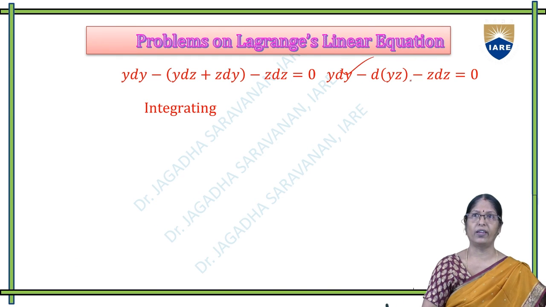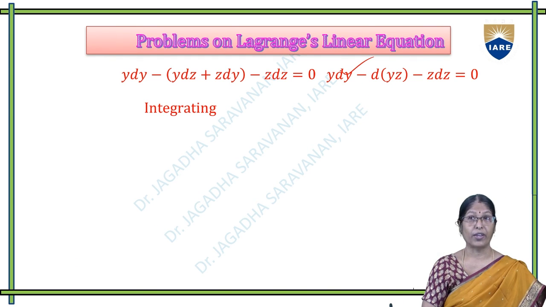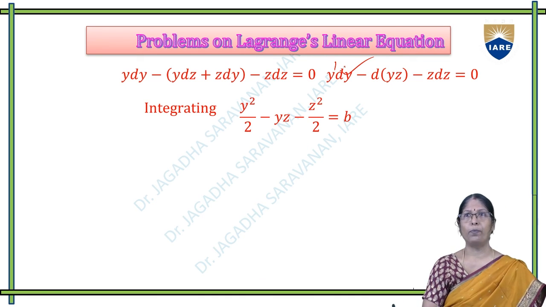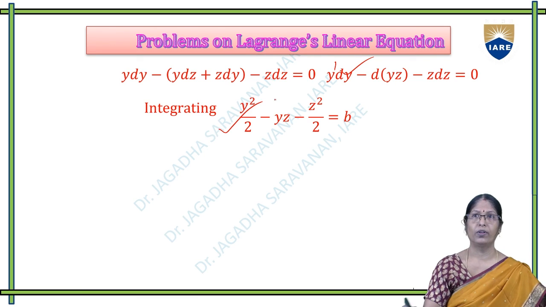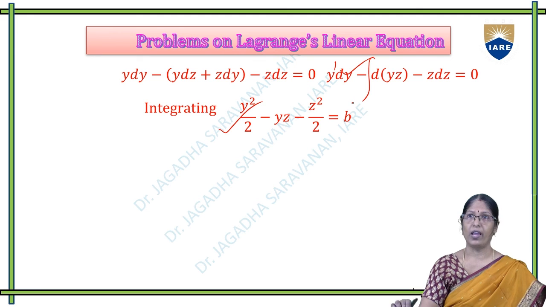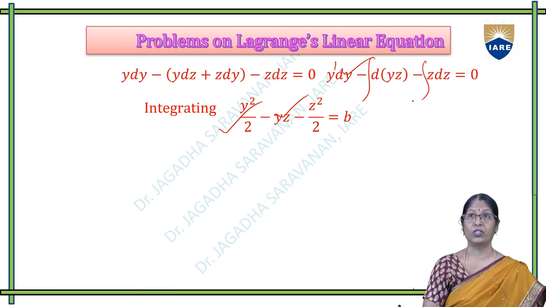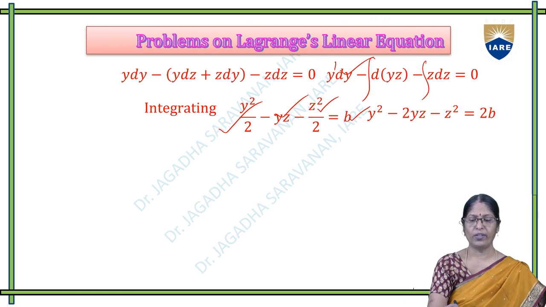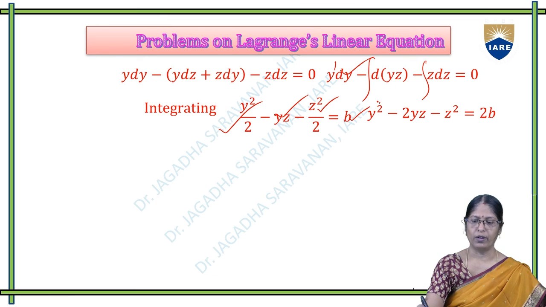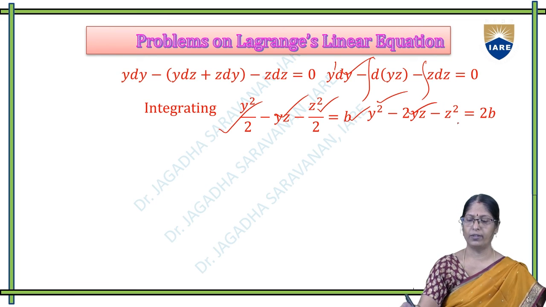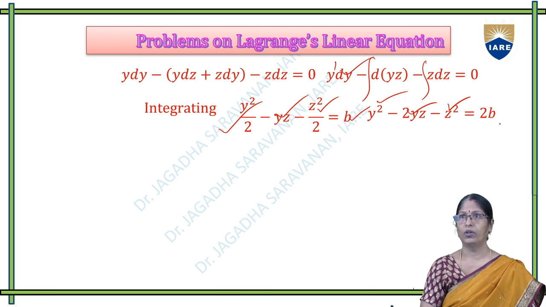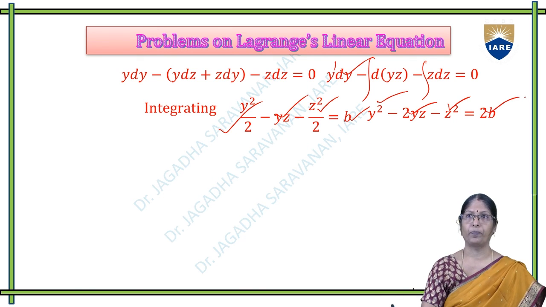Here we can say y dy. That integration we know, y power 1, that is 1 plus 1, y square by 2. And here the integral of the differentiation gets cancelled, yz. Here the integral of z power 1, that is z square by 2, which is equal to a constant. So we are taking the LCM: y square minus 2yz minus z square, and the 2 we brought to the right side, 2b.